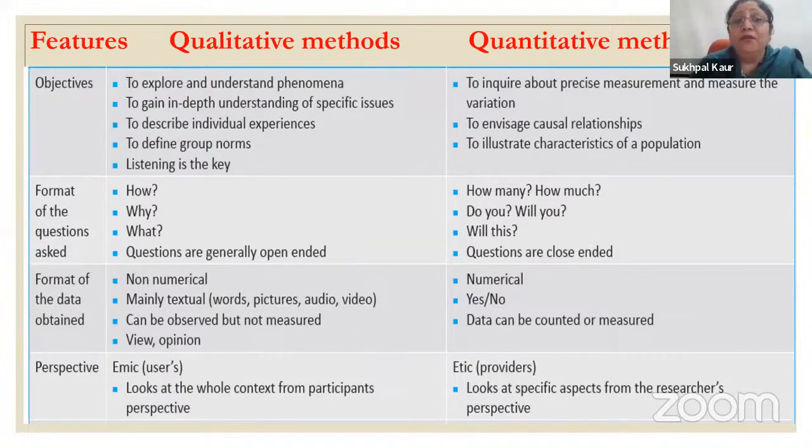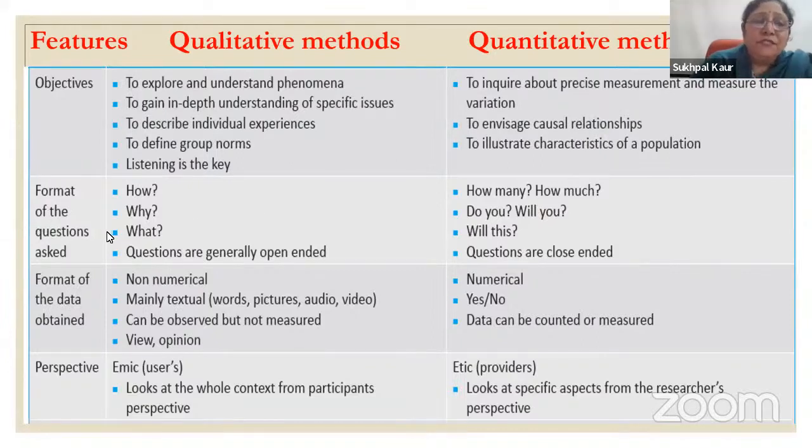We want to describe individual experiences, and listening is the main key in qualitative methods. However, quantitative methods are carried out to inquire about precise measurement and variations. These studies are carried out to know the causal relationship between various types of variables and to illustrate the characteristics of a population.